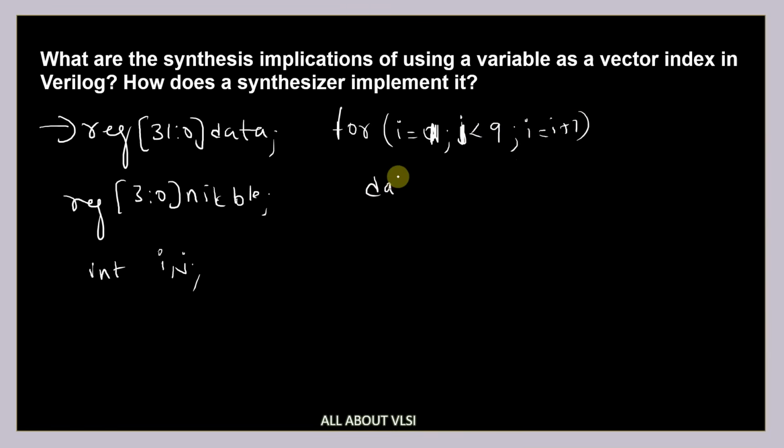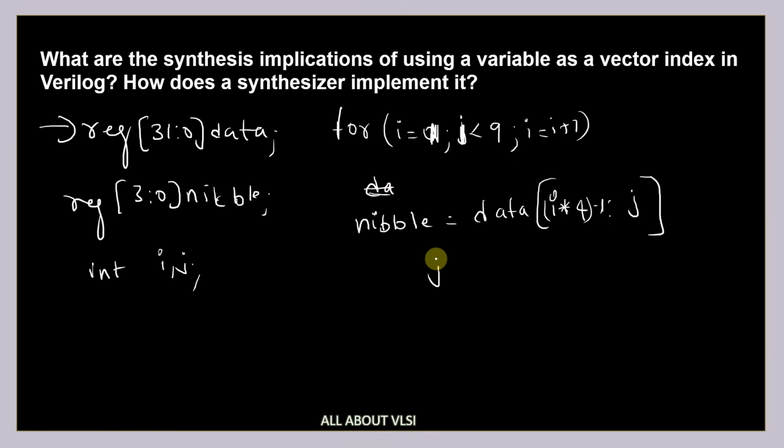I'm going to have nibble is equal to data of i into 4 minus 1 down to j, and j will be incrementing by j is equal to j plus 4. So this is the logic.